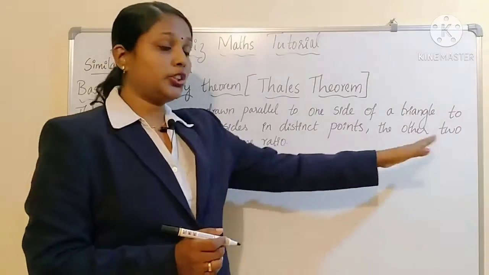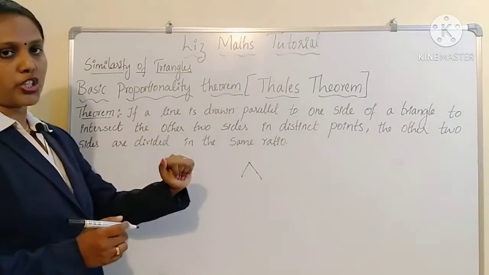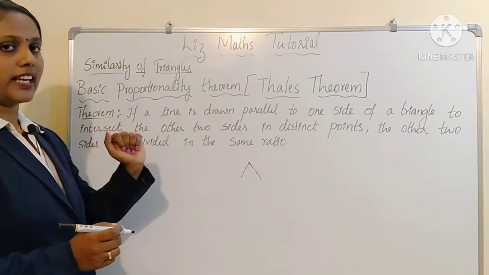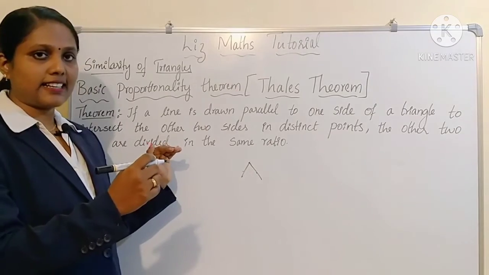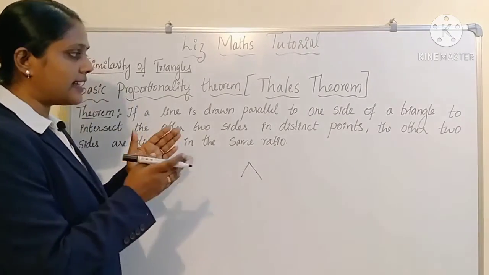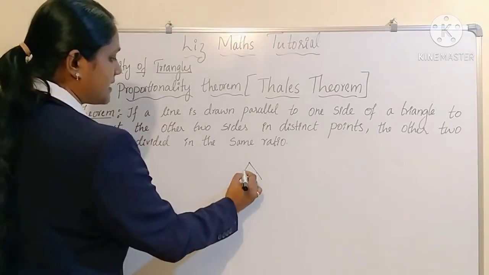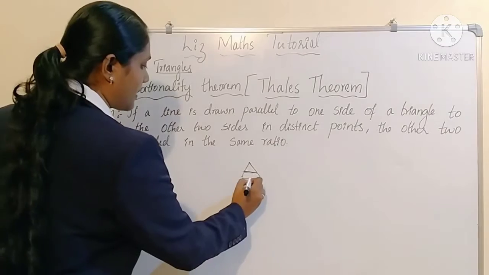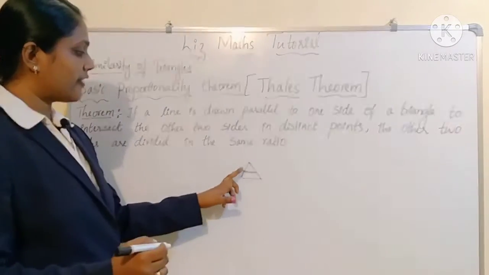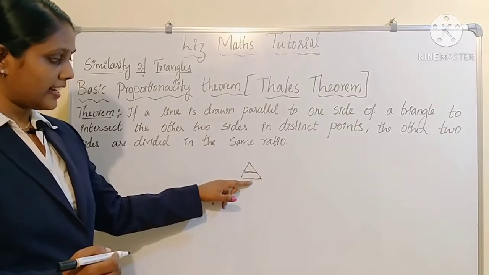The other two sides are divided in the same ratio. See, when you draw that intersecting line on this triangle, taking two points that intersect, you can see this line is parallel to this line.